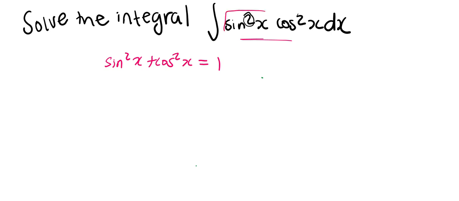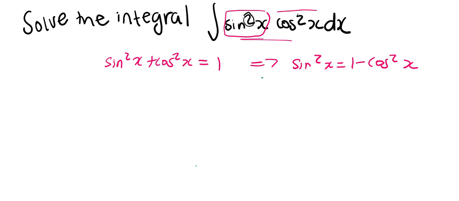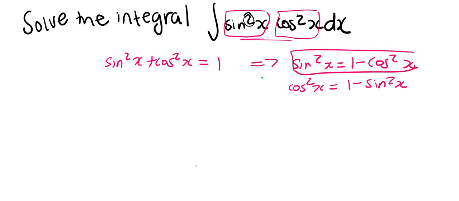So now let's choose this one. If we choose this one, this identity becomes sine squared x is equal to 1 minus cos squared x. If you chose cos, then cos squared x is equal to 1 minus sine squared x. So now let's choose sine, meaning we're choosing to replace sine squared x with an identity.